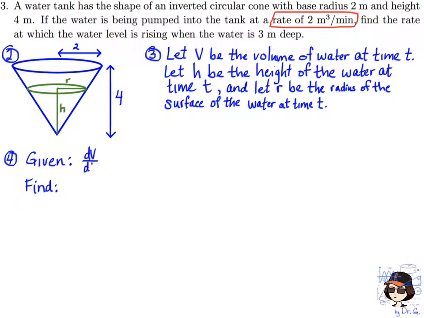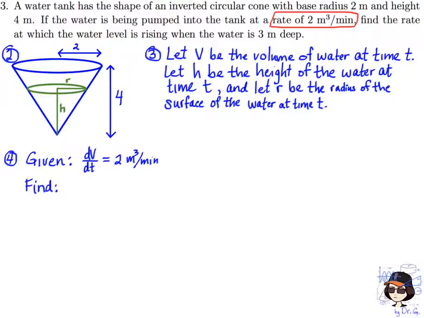So that's what we're given, and that is the derivative of the volume with respect to time. So that's dV/dt. You have to write it down as a derivative. Students usually just write down 2 cubic meters per minute as they're given. But then later they don't know what that means. What is 2 cubic meters per minute? So you have to write a derivative is equal to 2 cubic meters per minute. So there it is, dV/dt equals 2 cubic meters per minute.